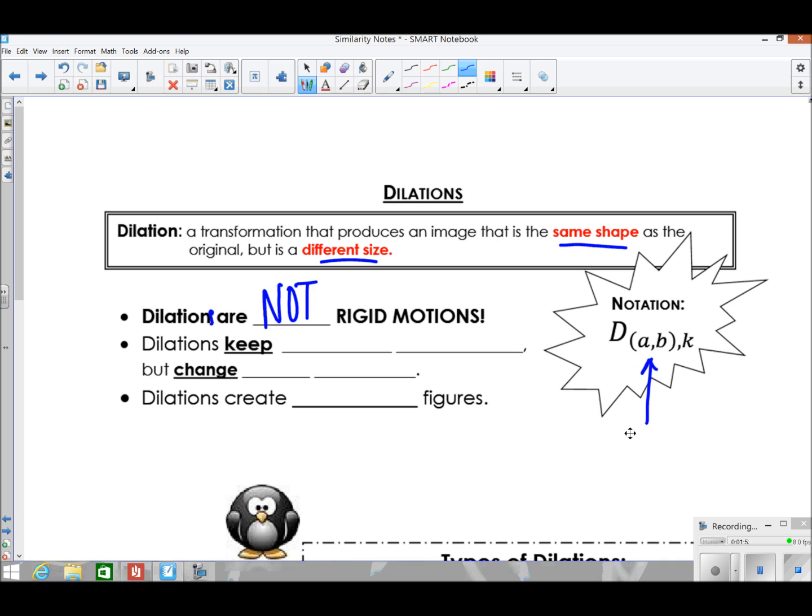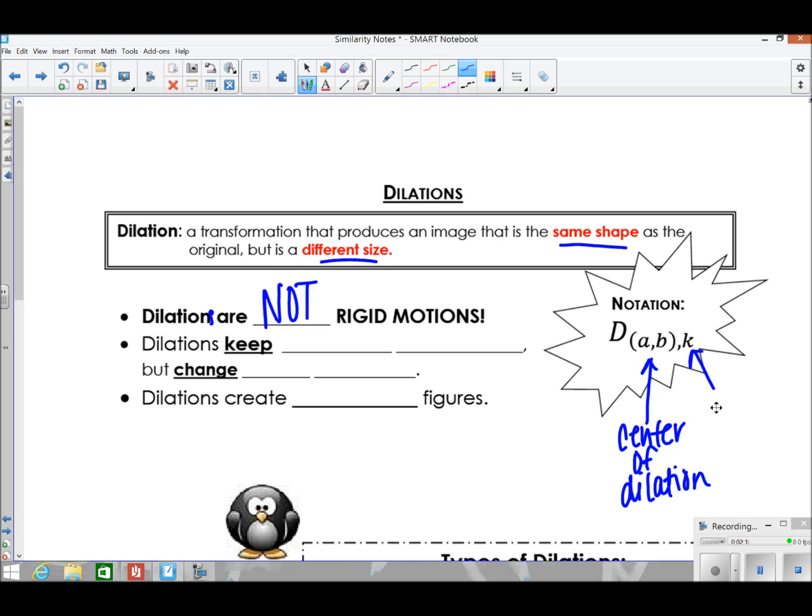This coordinate or point is called the center of dilation. That's basically where every point is being measured from, where they're being expanded or contracted from. That's going to be a key point that we look at when we do these dilations. We'll write the definition down below. For right now, in the notation, that's the center of dilation.